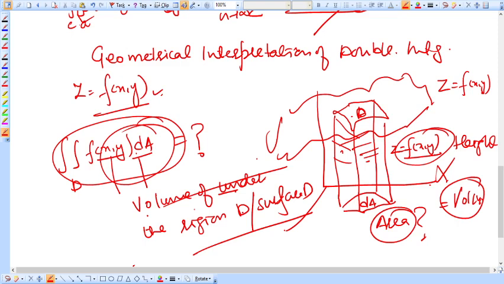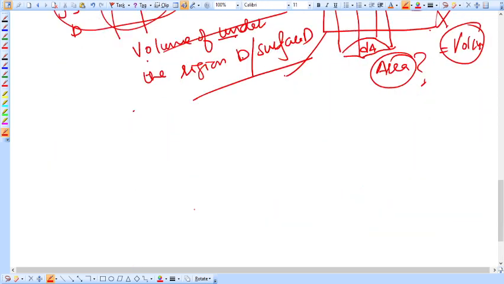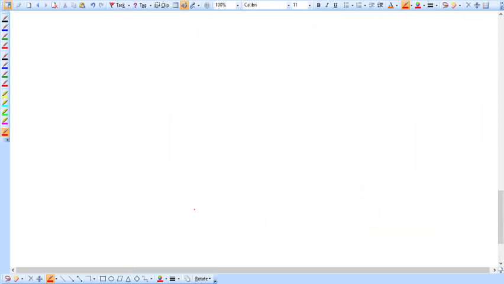Now we are coming to the properties of double integration. The properties are pretty much the same as those of line integration, so you can pretty easily compare it with line integration, right?